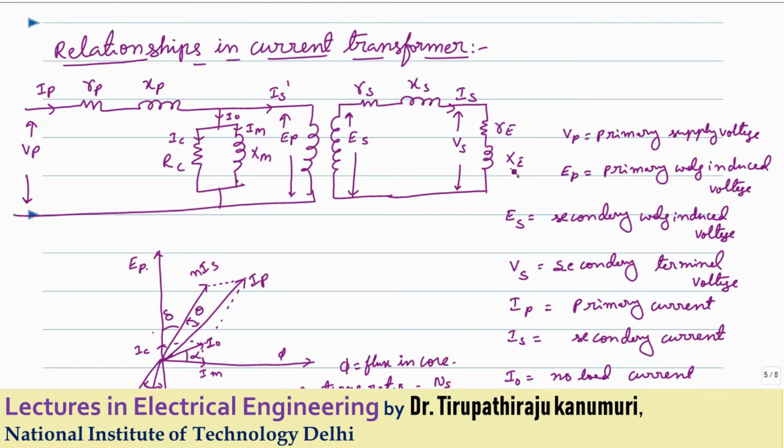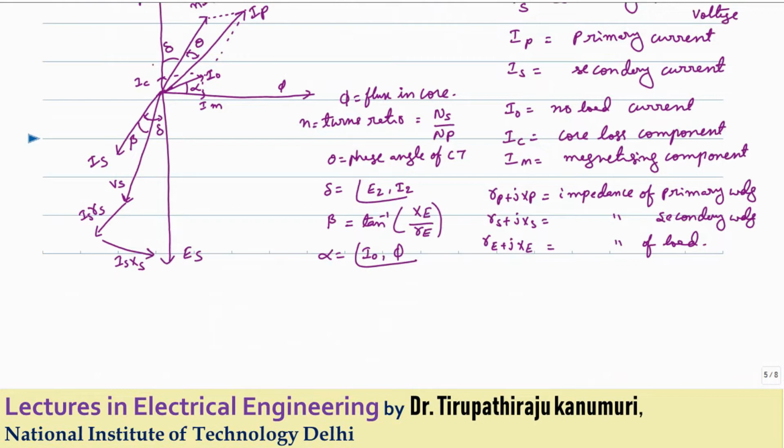What is the impedance? The reactance is Xs plus Xe, and the resistance is Rs plus Re. So tan inverse of (Xs plus Xe) divided by (Rs plus Re) gives my angle delta. So delta is clear to you.